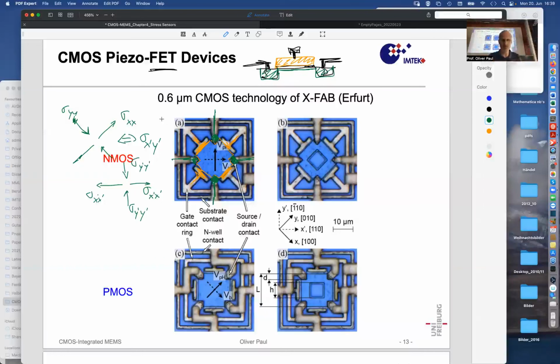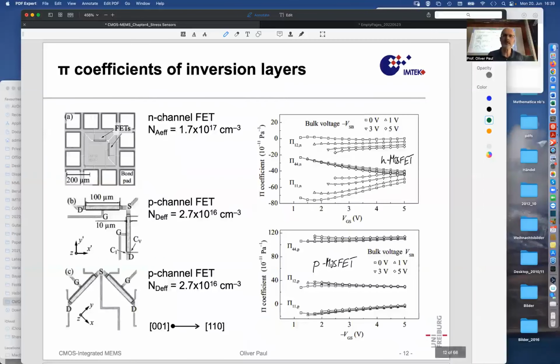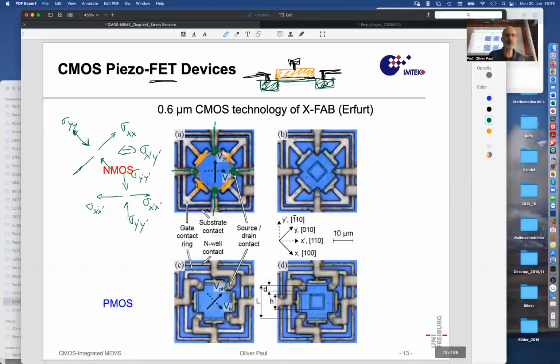If it was a diffuse structure, it would definitely be good. Since it is a field effect transistor structure, we exploit still a large span between pi11 and pi12, because it's the difference pi11 minus pi12 that plays a role. And the PMOS structure can be oriented in this direction.